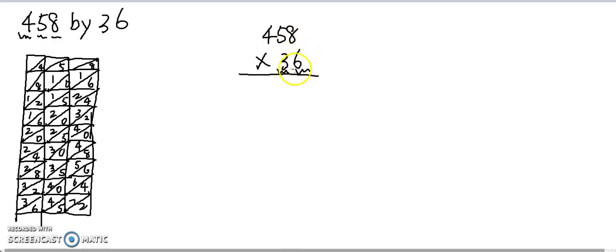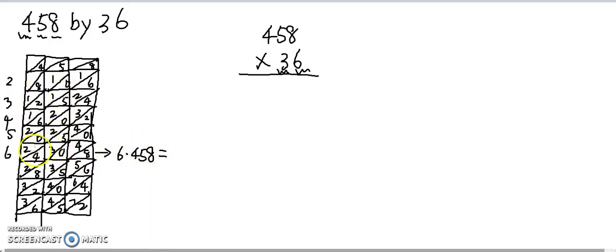If we look at the last digit 6, like we're doing right now, we find the 6. So this is times 2, this is 3, 4, 5, 6, which is this row right here. So that gives us 6 times 458.